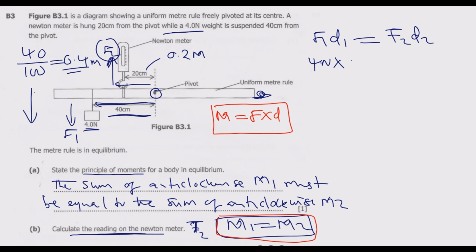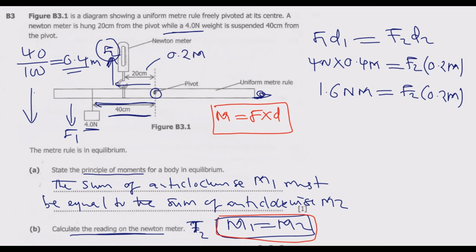So 4 times 0.4 meters equals F2, which we are looking for, multiplied by 0.2 meters. When we multiply this, we end up with 1.6 Newton meters equal to F2 multiplied by 0.2 meters.